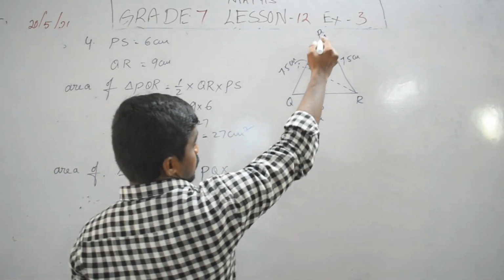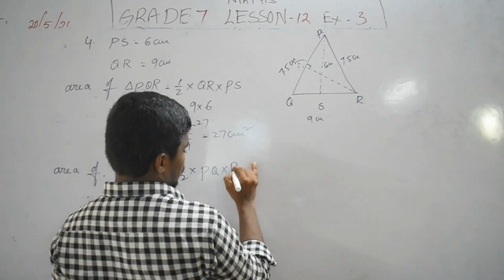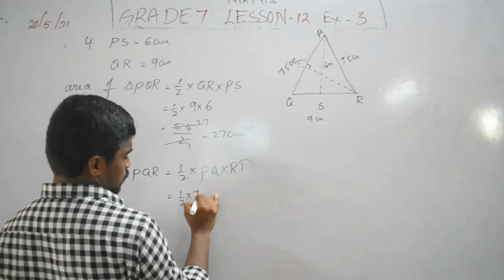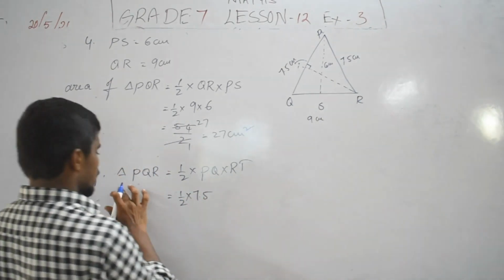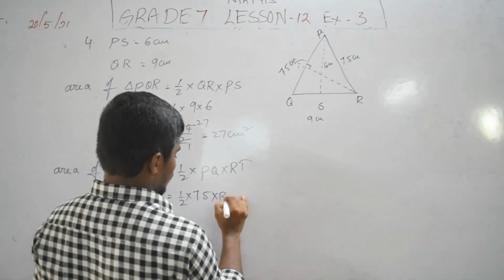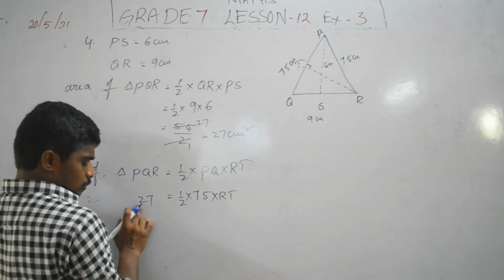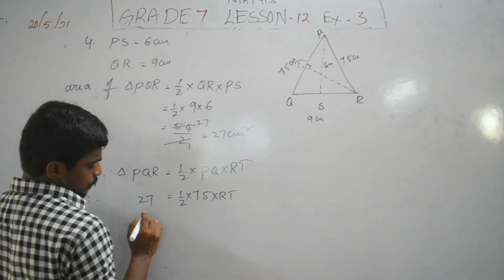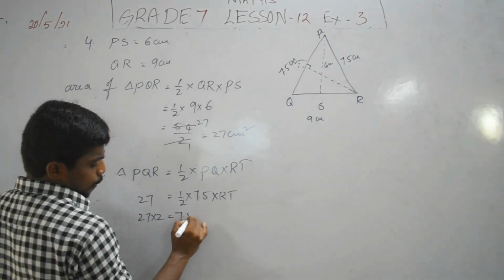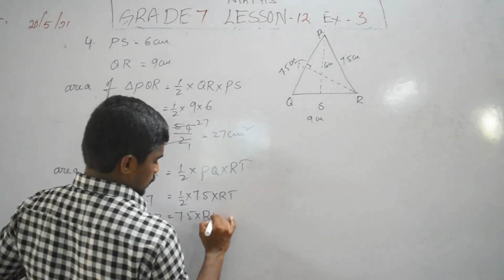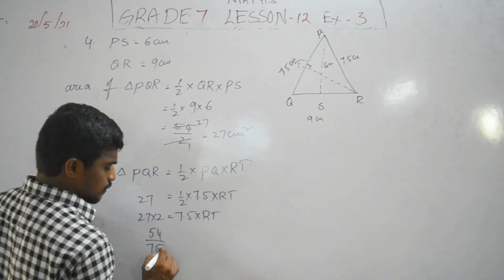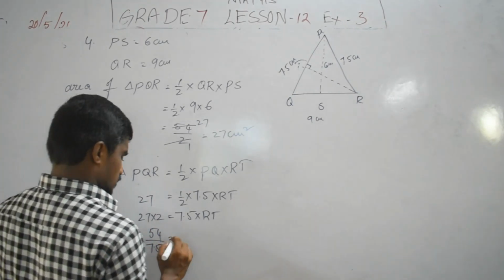So next, base RT we don't know. 1/2 times PQ 7.5, area of the triangle 27, equals 1/2 times 7.5 times RT. So now this one, this side moving, 27 times 2 equals 7.5 RT. So 54 by 7.5 equals RT.